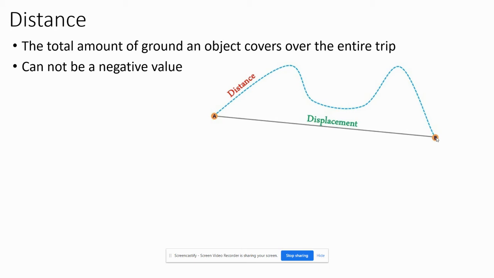But if you knew I went this far, then turned and went this direction, and then went this direction, you could add them all up and that's your total distance covered. I could also turn around and come back to A, and it wouldn't matter that I changed direction. I would just add that all up. And that's my distance.